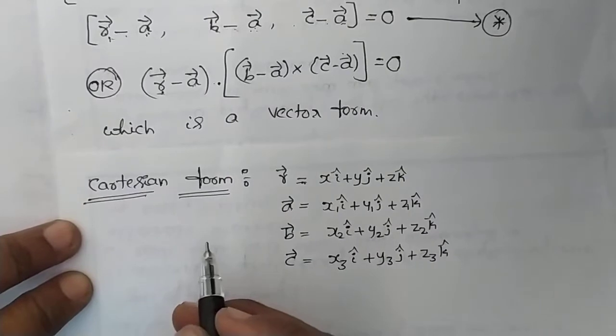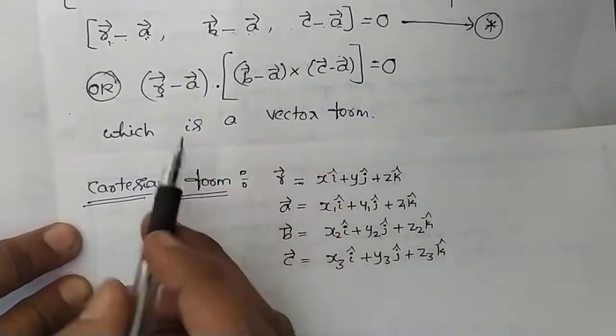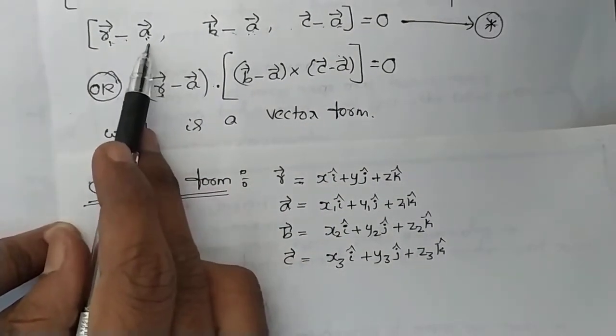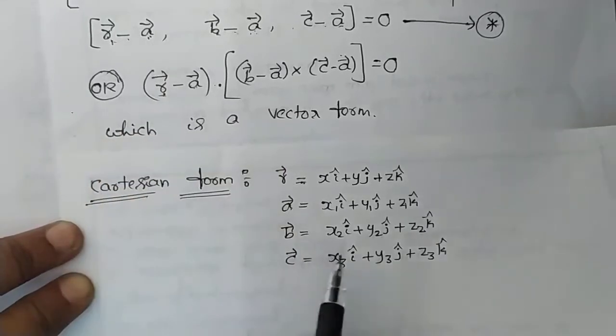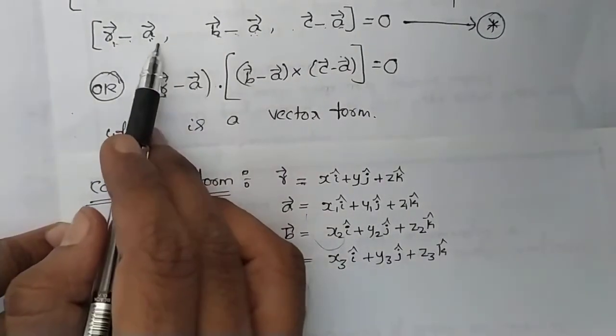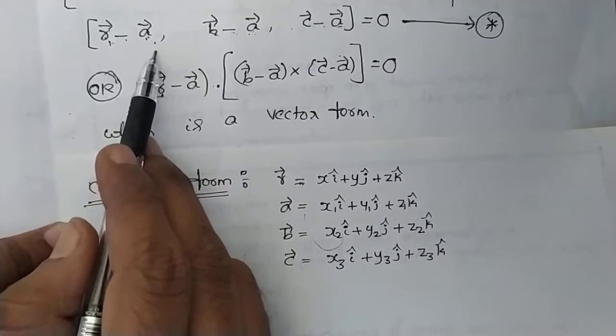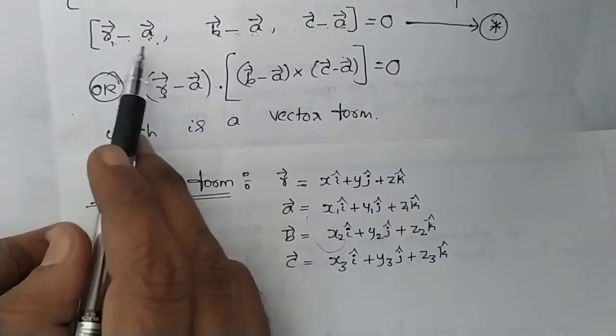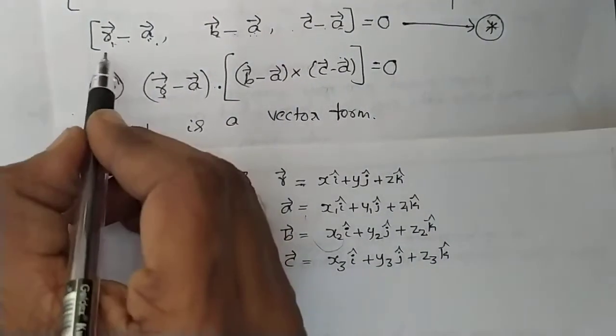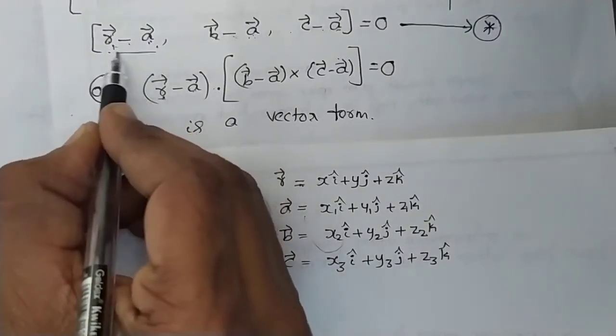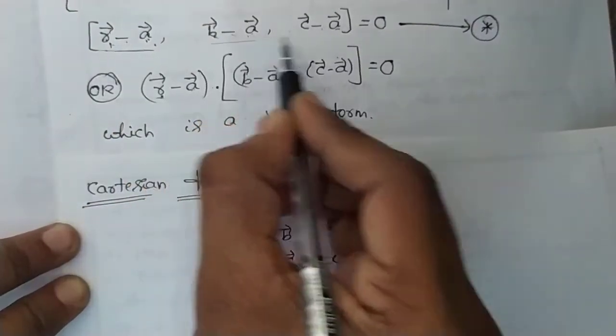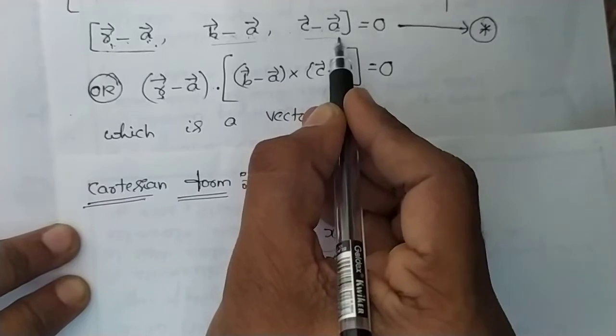Now we have to substitute these vectors in this equation star, and we have to eliminate the vectors. In this we have R vector minus A vector, B vector minus A vector, C vector minus A vector.